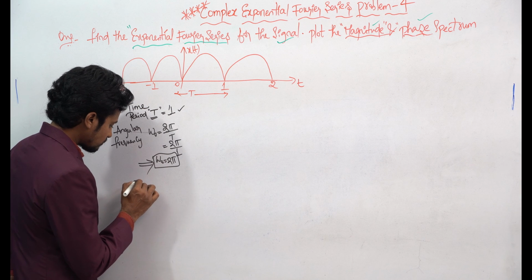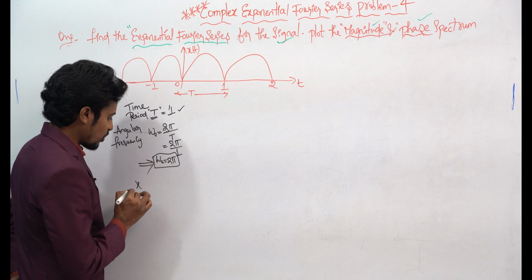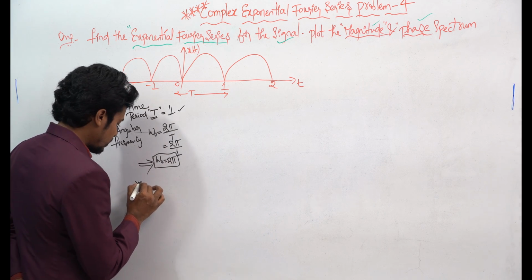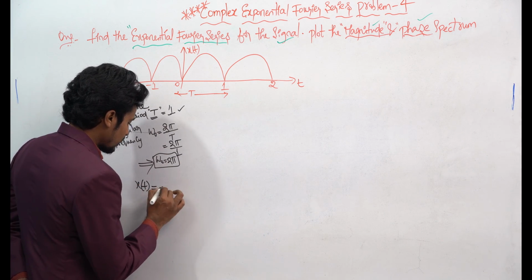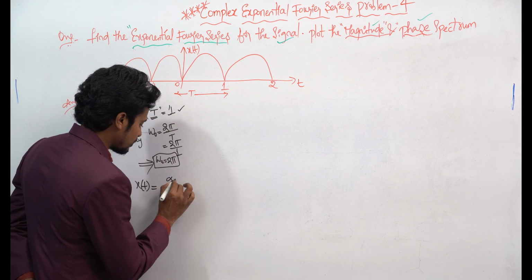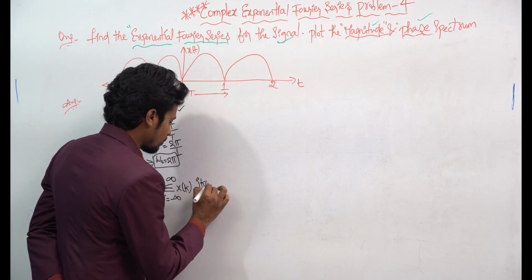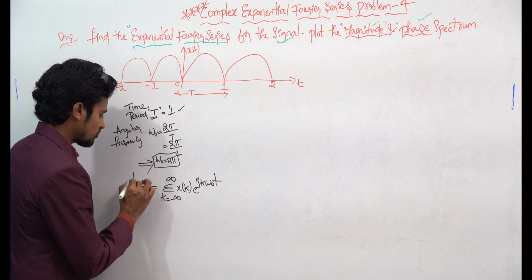Here, the first exponential Fourier series formula: x of t is equal to the summation of k from minus infinity to infinity of X of k into e power jk omega naught t. This was our formula.